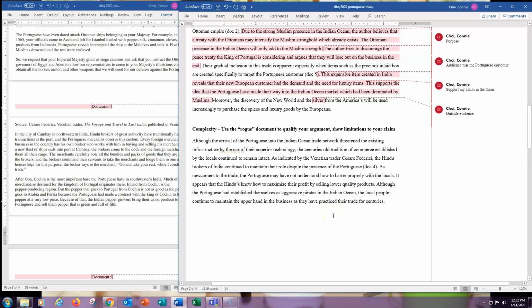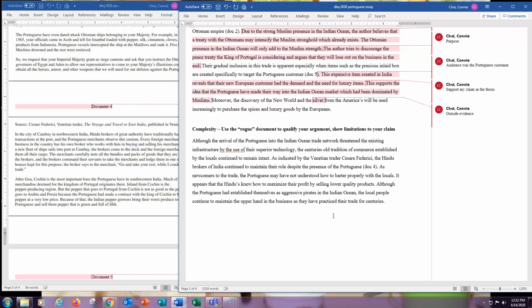As newcomers to the trade, the Portuguese may not have understood how to barter properly with the locals. It appears that the Hindus knew how to maximize their profit by selling lower quality products, in this case to the Portuguese. Although the Portuguese had established themselves as aggressive pirates in the Indian Ocean, the local people continued to maintain the upper hand in the business as they have practiced their trade for centuries, which makes sense.